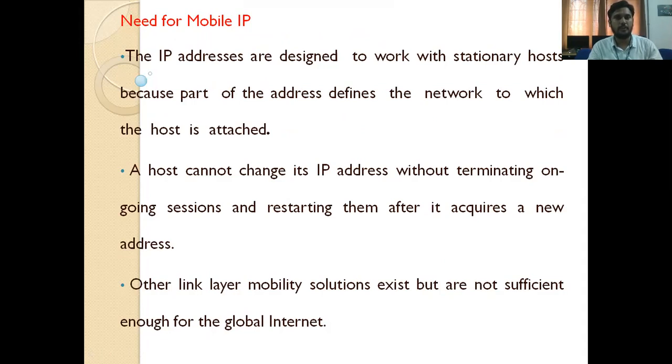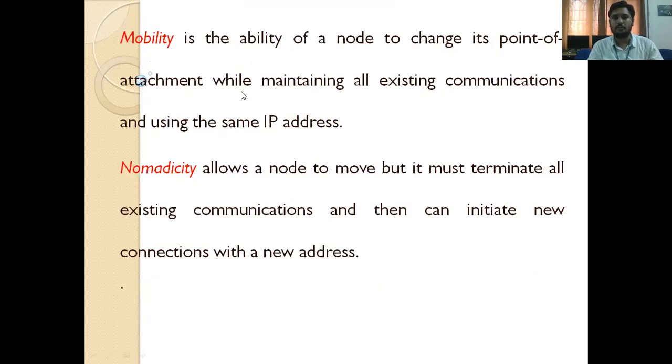For that purpose, it assigns a particular IP address to every device. This IP address is used until it is in communication mode. It changes only when it terminates or restarts.